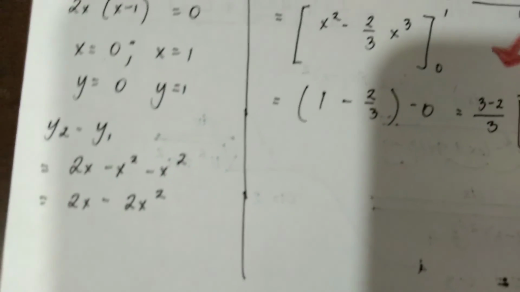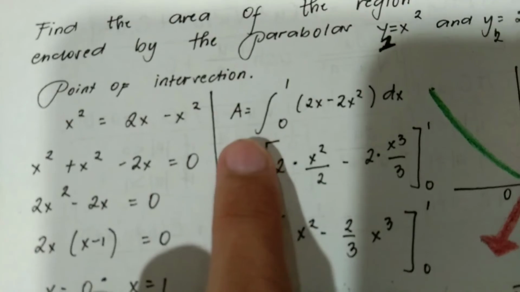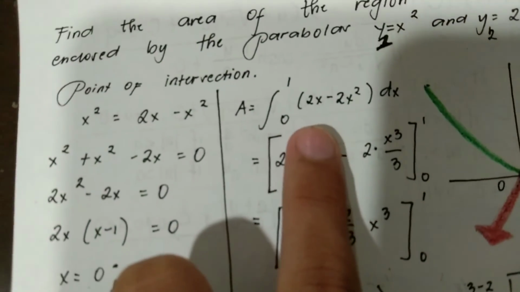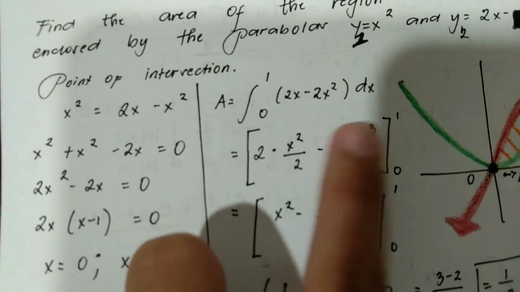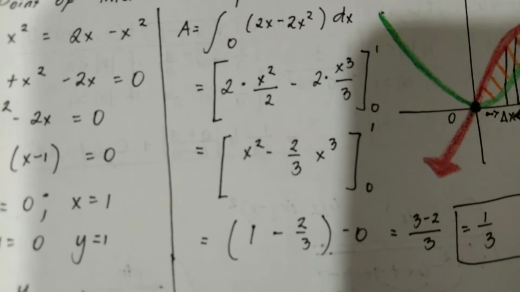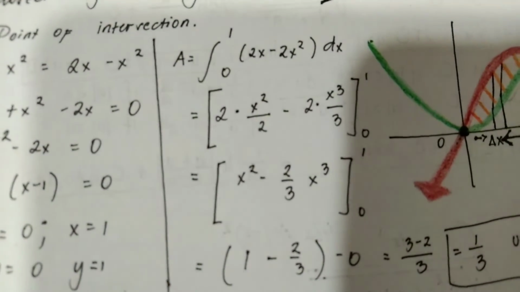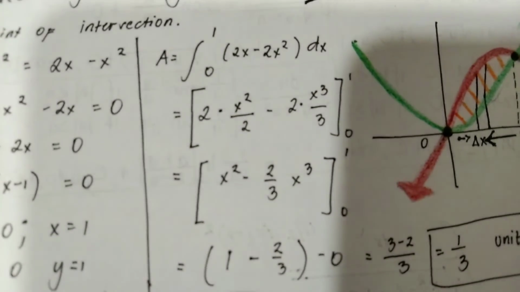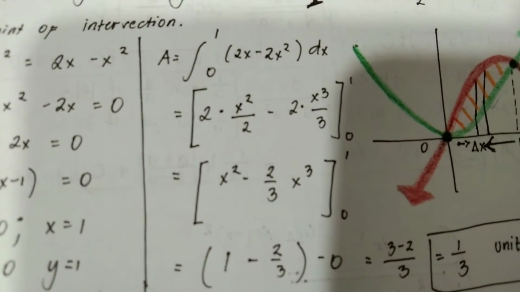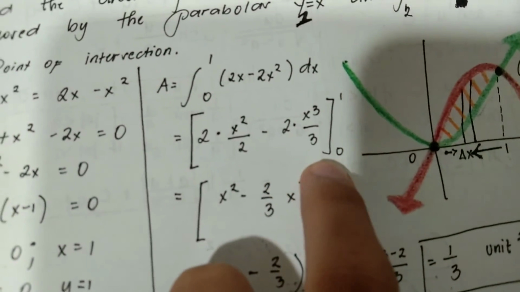Therefore, the area is equal to the integral, when x varies from 0 to 1, of 2x minus 2x squared times dx. Now let's integrate. The integral of 2x will be 2 multiplied by x squared over 2, minus 2 multiplied by x cubed over 3, evaluated from 0 to 1.